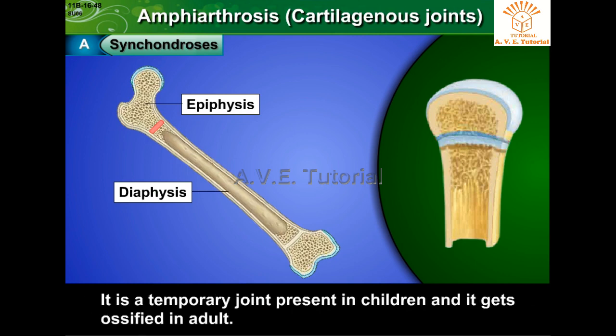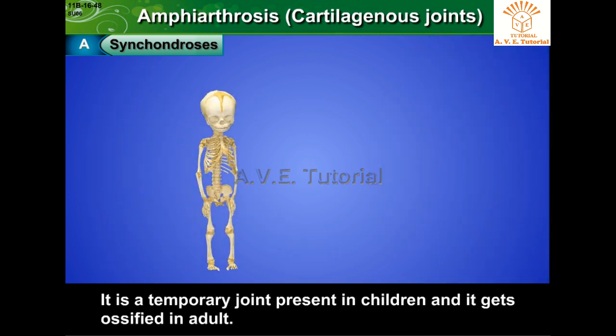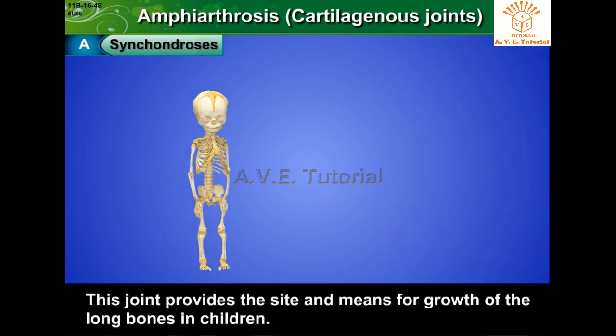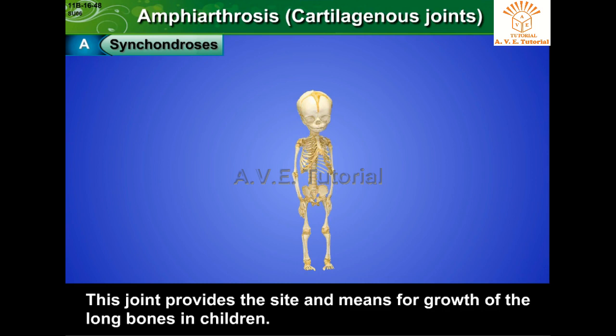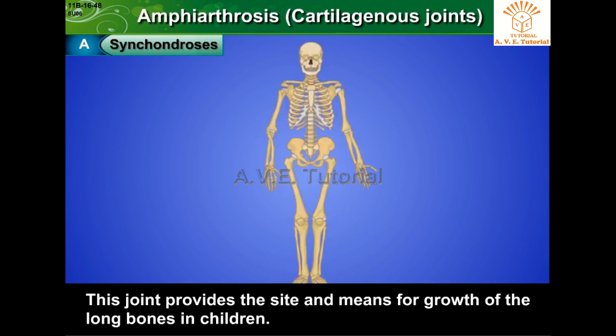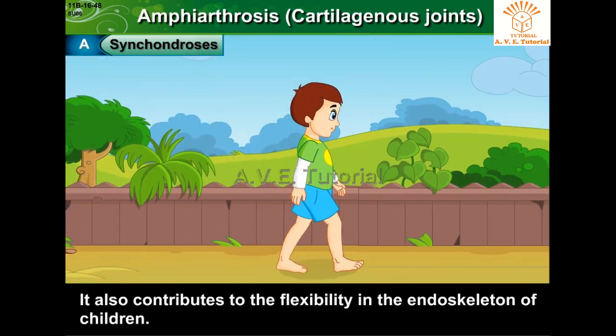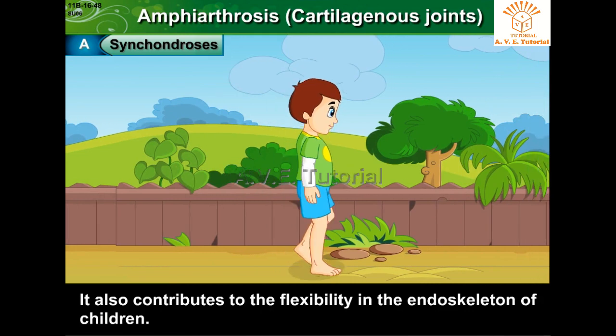It is a temporary joint present in children and it gets ossified in adults. This joint provides the site and means for growth of the long bones in children. It also contributes to the flexibility in the endoskeleton of children.